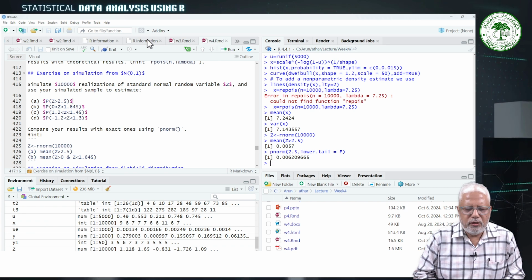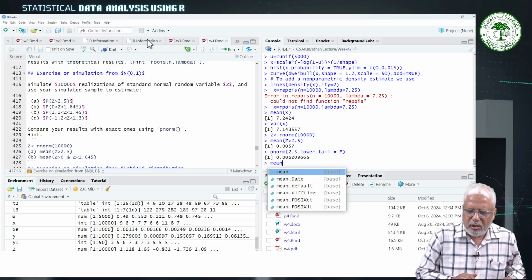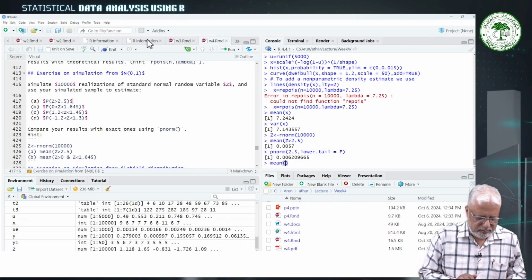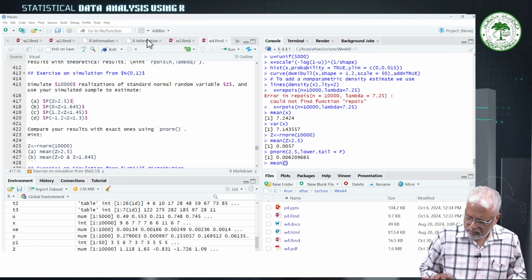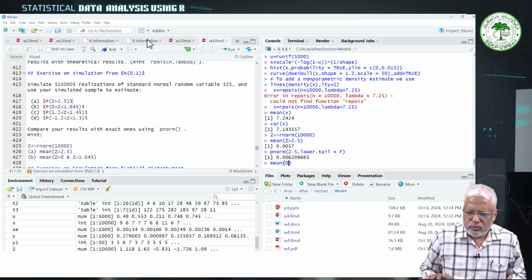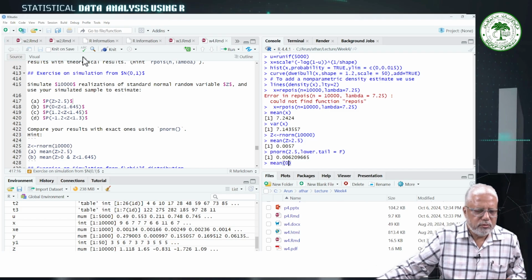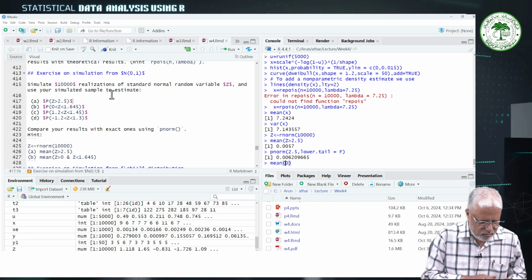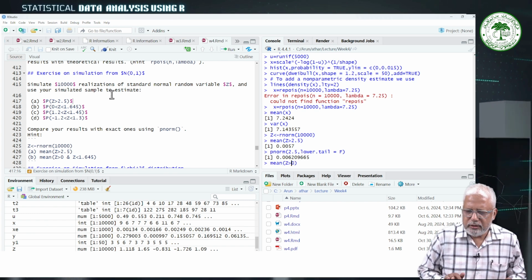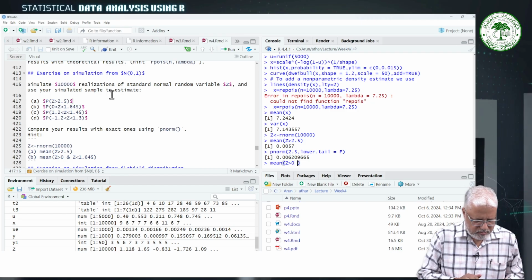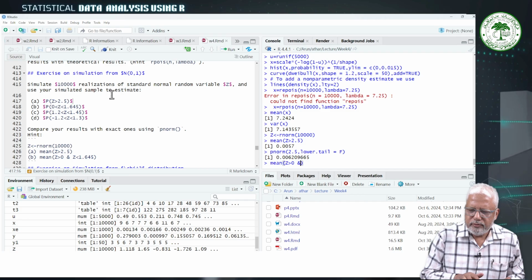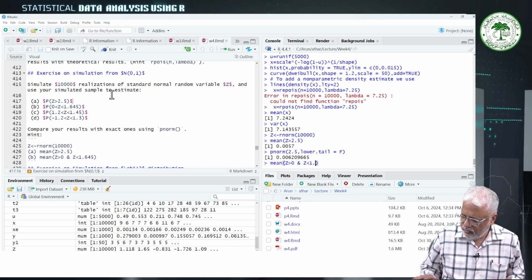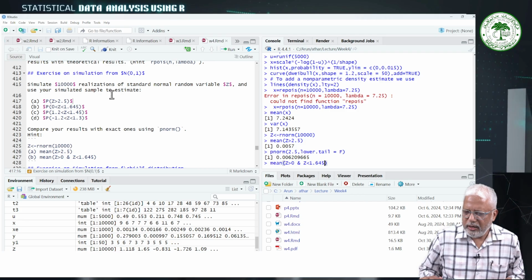This we would like to compute on the basis of the mean of z greater than 0 and z less than 1.645.